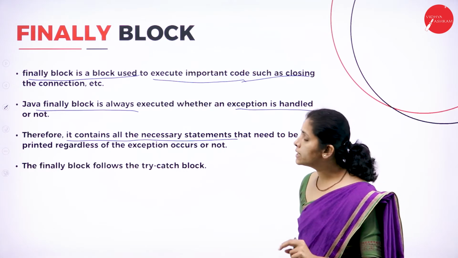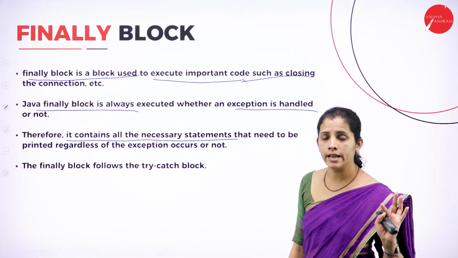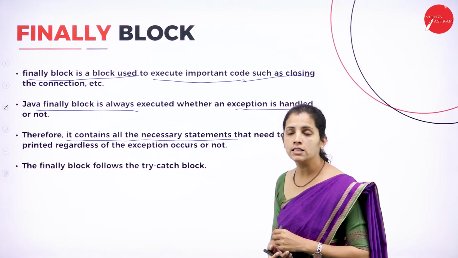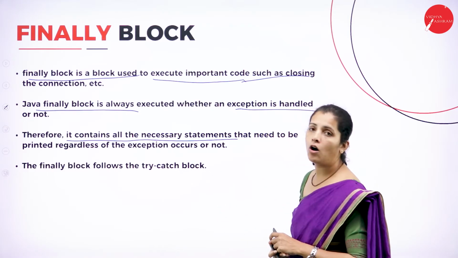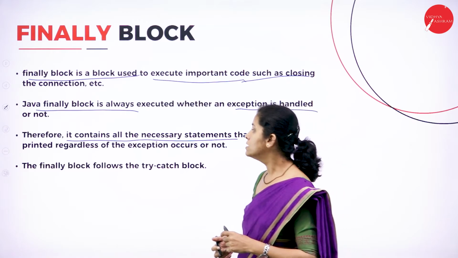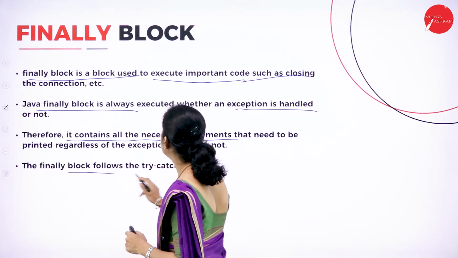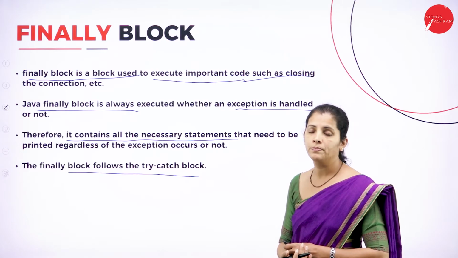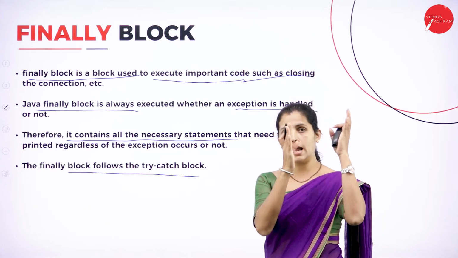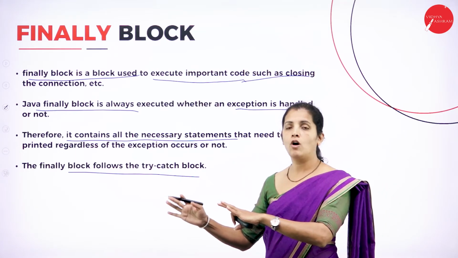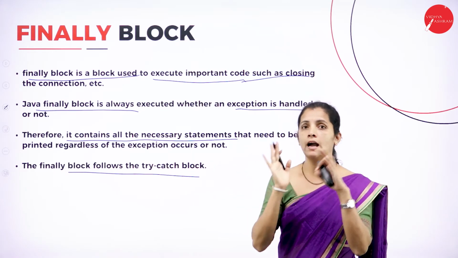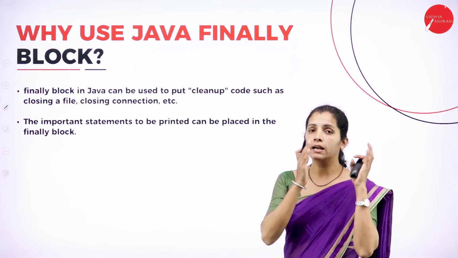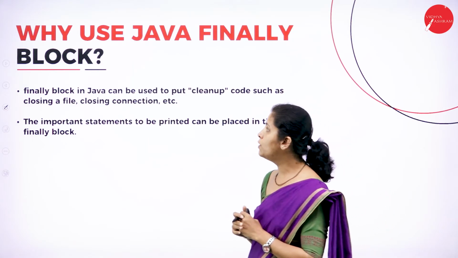So, I'm going to write all the necessary statements in my finally block. The finally block must be followed by the try block. Okay, so I can have try catch finally, or I can have try and catch block, or I can have try and finally block.